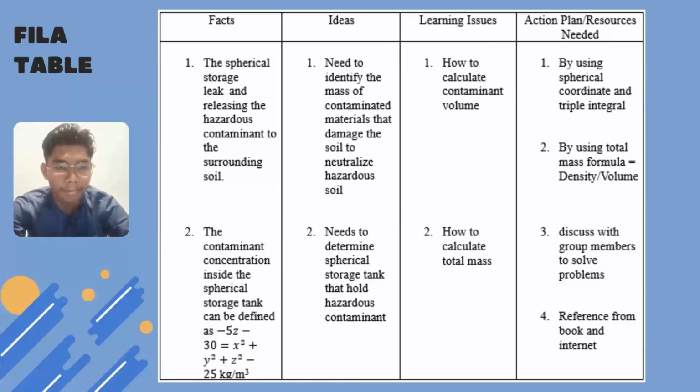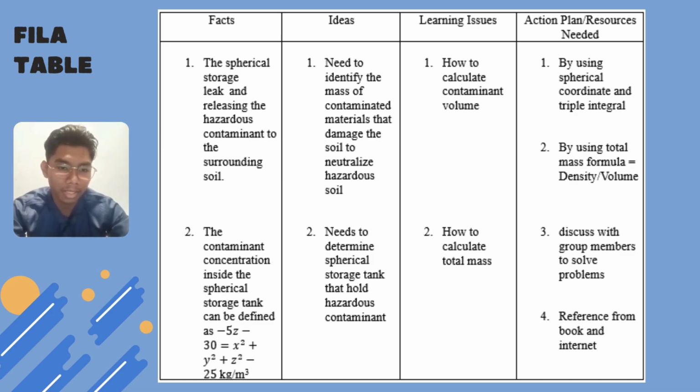Filler table. The facts stated in the project are: the first, the spherical storage tank leaks, releasing the hazardous contaminant to the surrounding soil. And the second, the contaminant concentration inside the spherical storage tank can be defined as negative 5z minus 30 equal to x squared plus y squared plus z squared minus 25 kg per meter cubed.